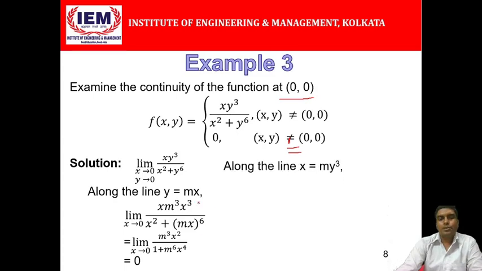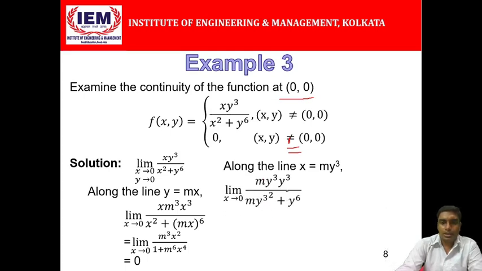Now if I approach another way, we are approaching the origin using this curve x equal to my cubed. I can approach the straight line also. So now I plug x equal to my cubed here, and here x equal to my cubed, squared.